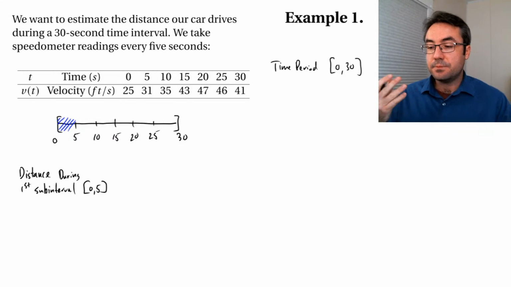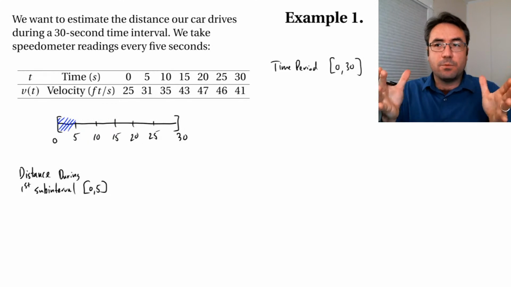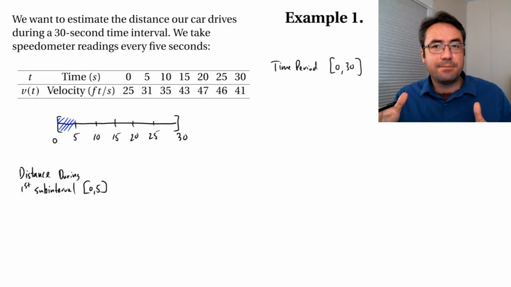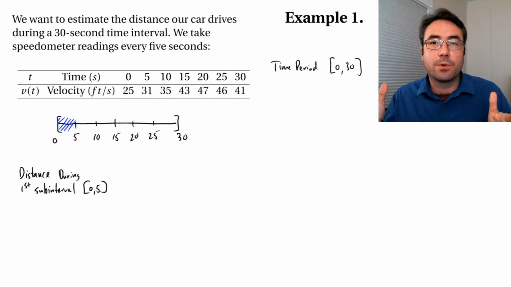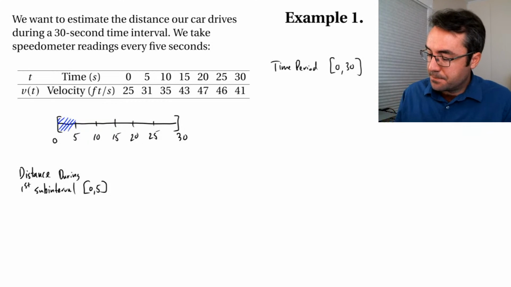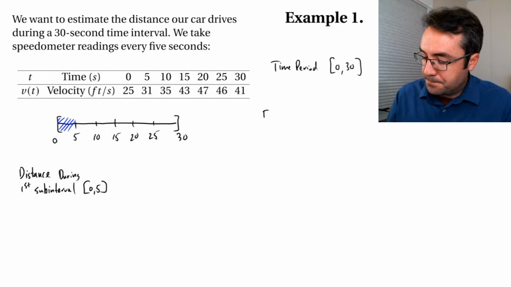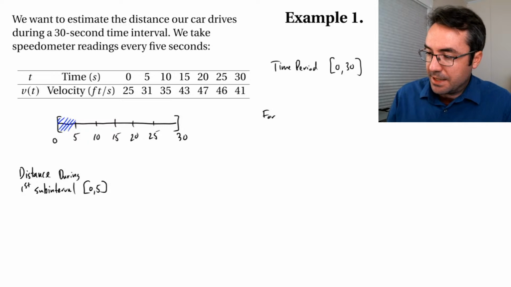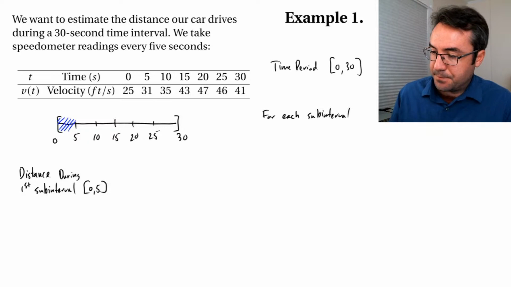And we need to figure out, well, what constant velocity, we assume we're traveling at a constant velocity, and realistically we're not, but we're going to assume that we are. And so which velocity reading should we use? So for this example, we're going to use the initial velocity on that subinterval. Now you might use something different, and that's okay. But for this one, we're going to use the initial velocity.